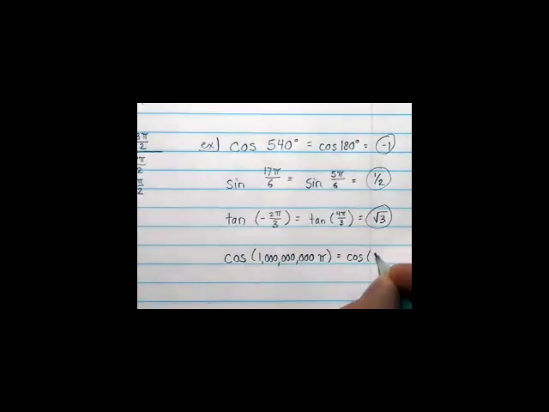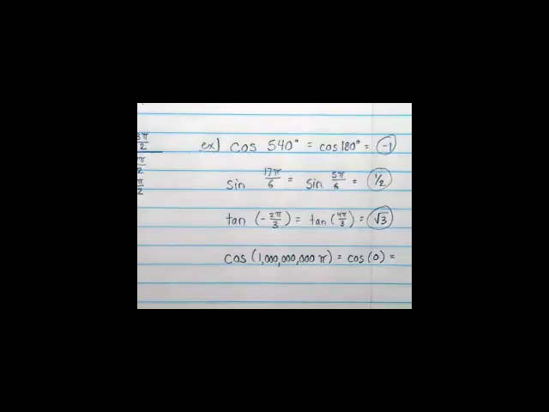So anytime you are a multiple like that, then you know it's going to be in the same place. So this is the same as cosine of just 0 or 2 pi, depending on how you want to look at it. And the cosine of 0 is what? 1. So the cosine of 1,000,000,000 pi is 1.